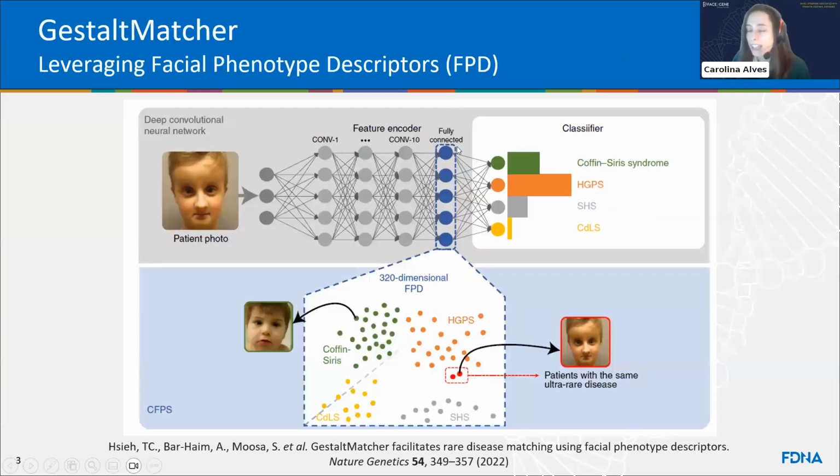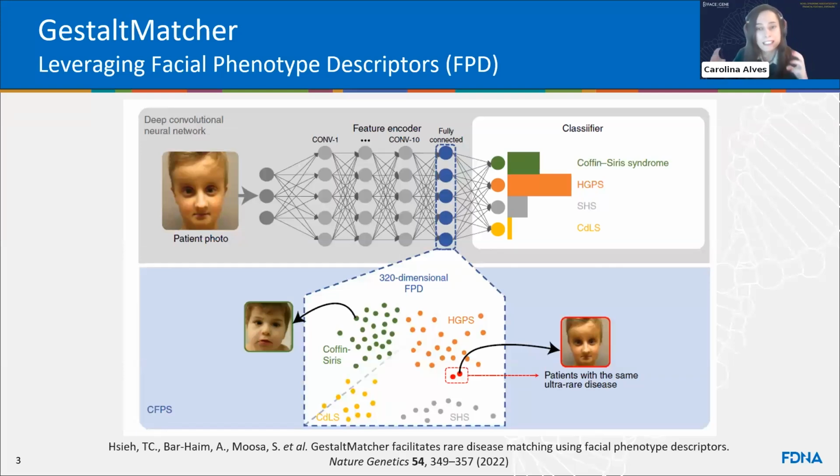Now, if we look at the final layer before the syndrome classification output in Deep Gestalt, we actually have this vector of 320 values, basically this vector of numbers, that is a numerical representation of the facial phenotype.